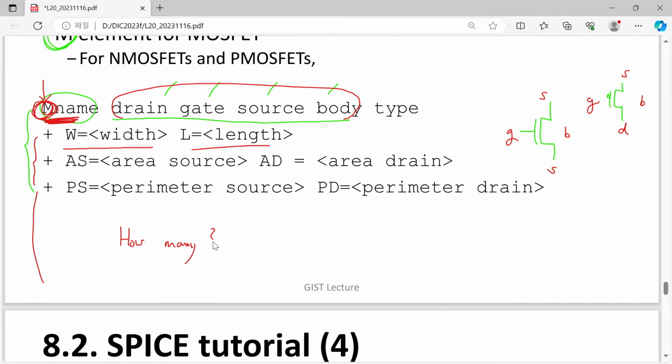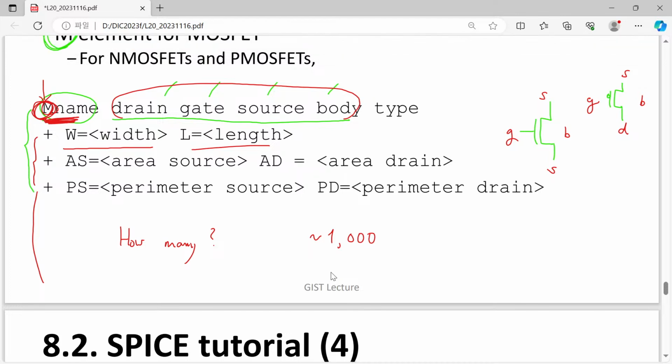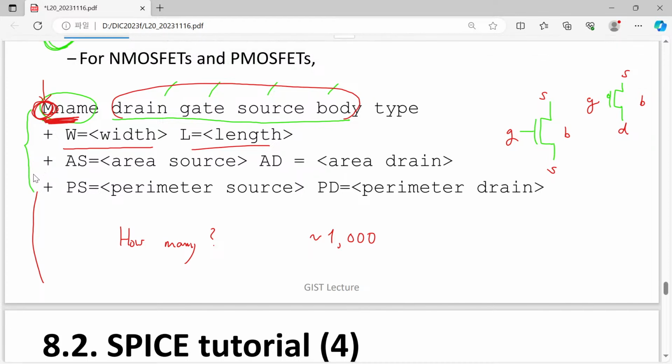Please think about the order of the number of parameters. The number of parameters nowadays is 1000 for a given MOSFET. So you can change almost everything, and then you can find so many different characteristics out of it.